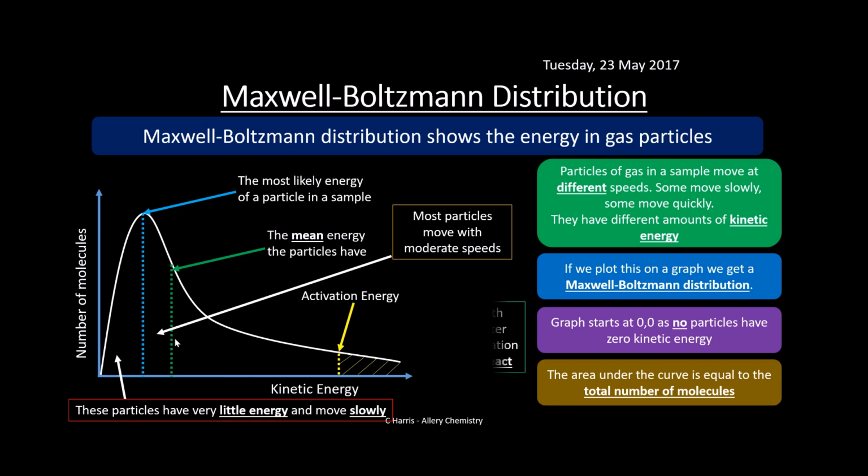And this area here, these have energy greater than the activation energy. You can see they are to the right of the activation energy. So these particles have enough energy to react, and they will go on to form products. But you can see the vast majority of particles don't have enough energy to react, just a small proportion do.